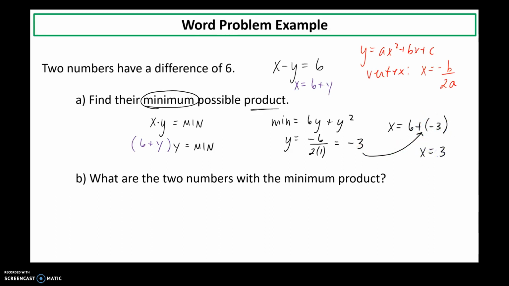What's their minimum possible product? Negative 3 times 3 would be negative 9. That's the smallest that the product could be. And what are the 2 numbers with the minimum product? We're working backwards here. My 2 numbers are 3 and negative 3.